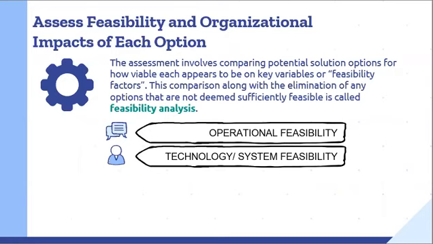In addition, it includes whether the proposed change is compatible with other parts of the technical infrastructure. So some of the questions may include: does the technology for a potential solution exist in the organization? If not, is it feasible to acquire it? Does the organization have the technical expertise to install or operate the potential solution?